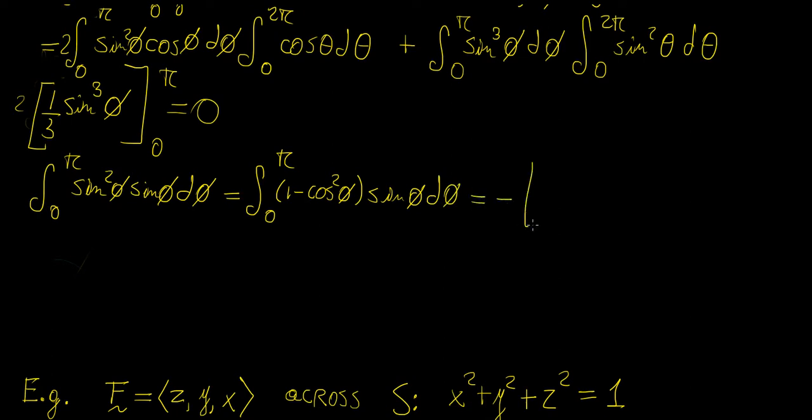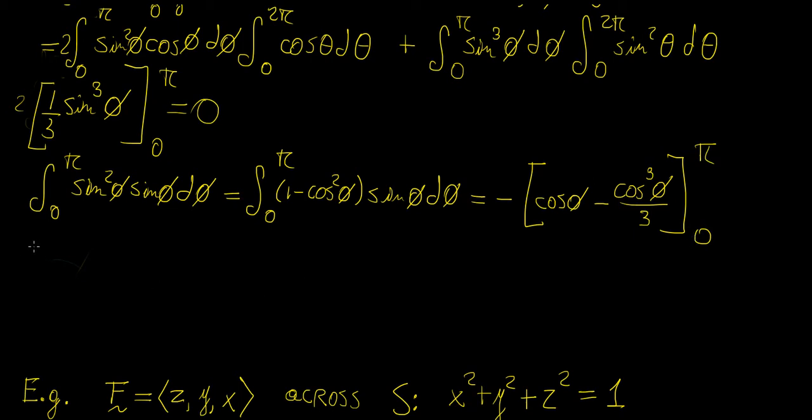And then I believe this is going to become minus cosine phi minus cosine cubed phi over 3. So this is another one that we already did in a previous video. So this is going to be evaluated from 0 to pi.